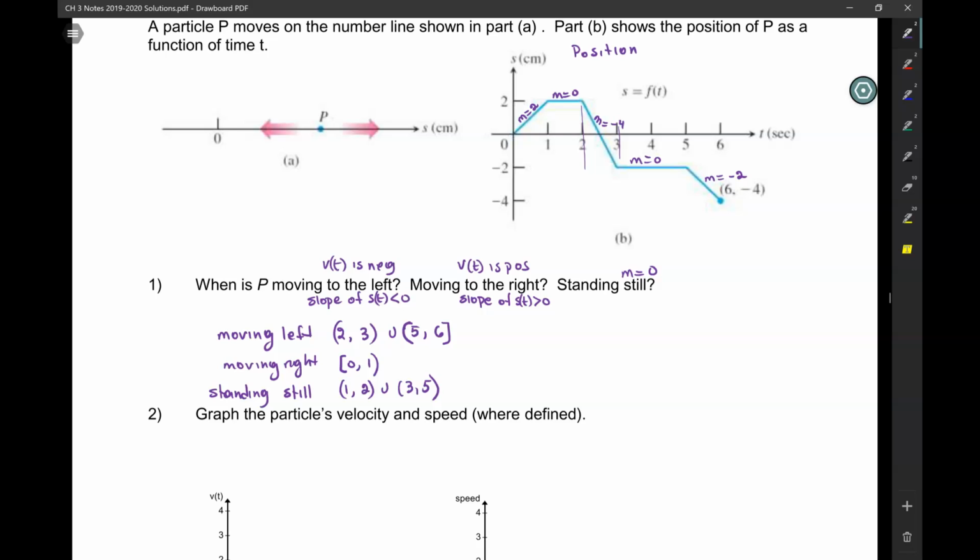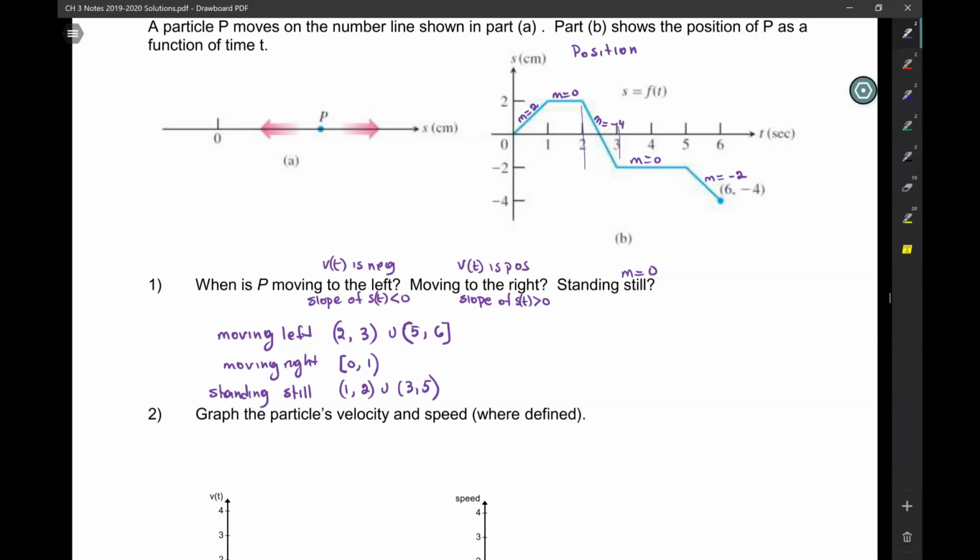Right. Okay. So, when the graph is above, that means its position is positive. That means physically it's to the right of the center. When it's negative, its position is negative. It means physically it's on the other side.